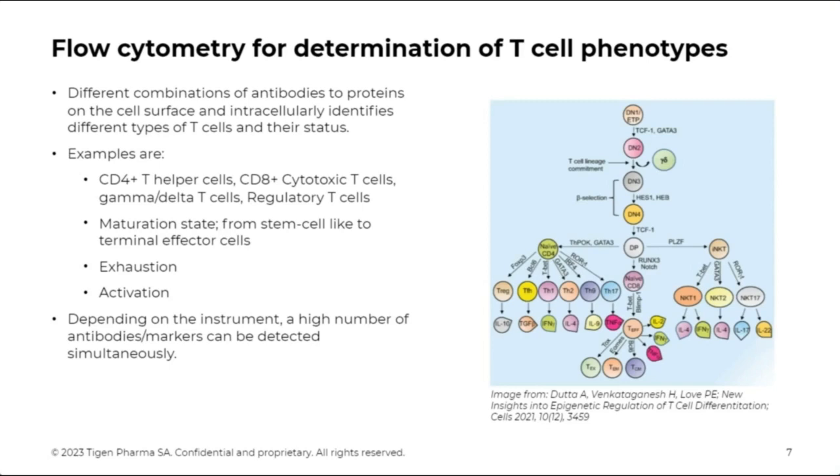We can also identify if these specific T cells are exhausted or if they are activated, for example. And depending on what instrument you have, because there are many different types of instruments and the number of lasers the instrument contains, you can combine a high number of antibodies and markers per run that you do in the flow cytometer.